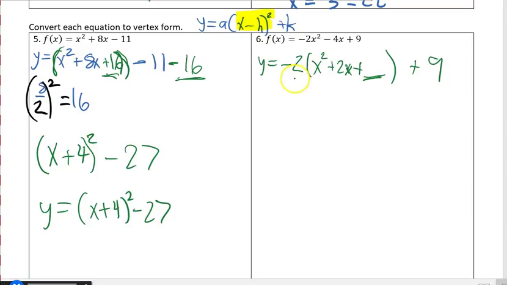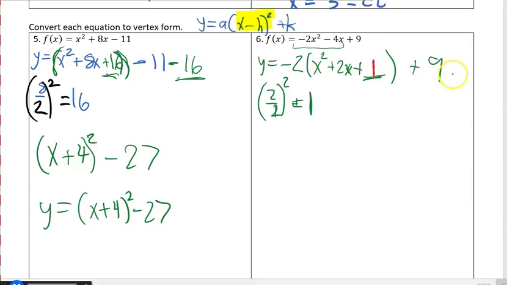So I factored a negative 2 out, but only from these two terms. I don't really care about the constant when I'm completing the square. So now I'm going to complete the square inside the parentheses. So I have my 2 divided by 2, and then squared would equal positive 1. So I add 1 here.